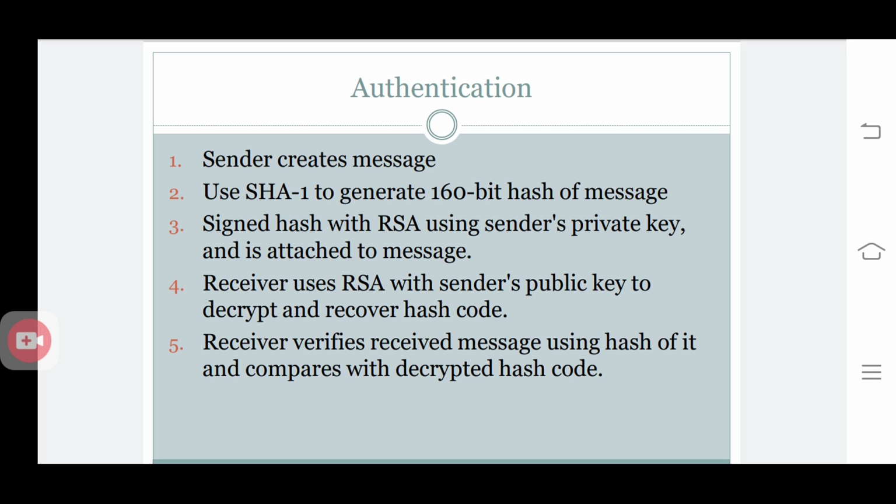Then after getting this hash code, you sign it. The digital signature is made using the RSA mechanism with the sender's private key. The signed hash code is appended to the message and transmitted over the transmission medium.